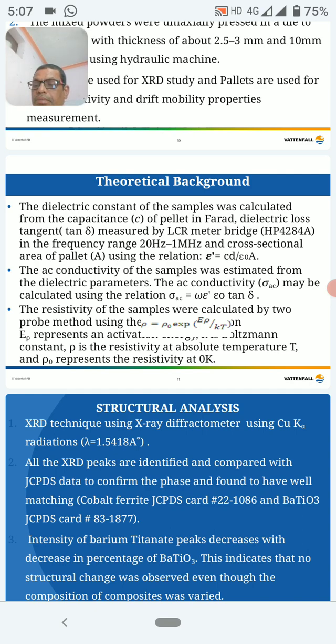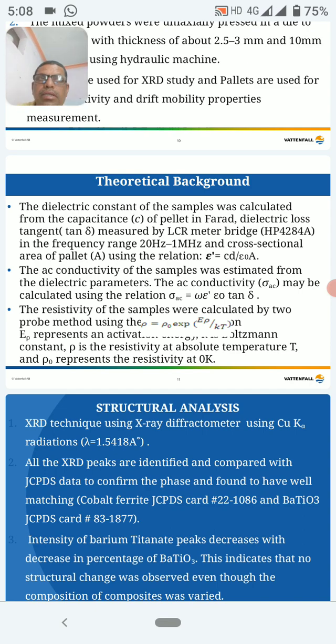From the resistivity data, the drift mobility of the substance is calculated by using the formula mu d, that is drift mobility, is equal to 1 upon n e rho, where n is nothing but the Avogadro number, rho is resistivity, and e is the electronic charge. So this is the theoretical background for the calculation of AC conductivity and drift mobility of these composite materials.